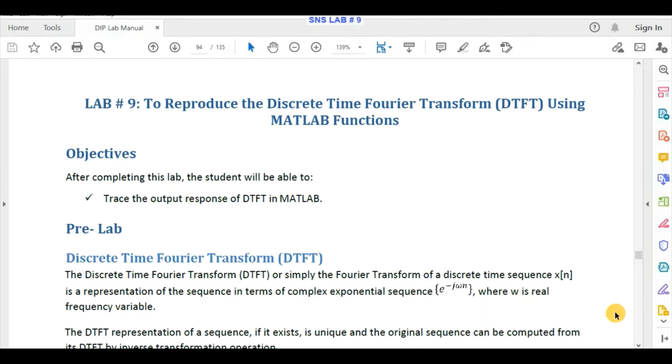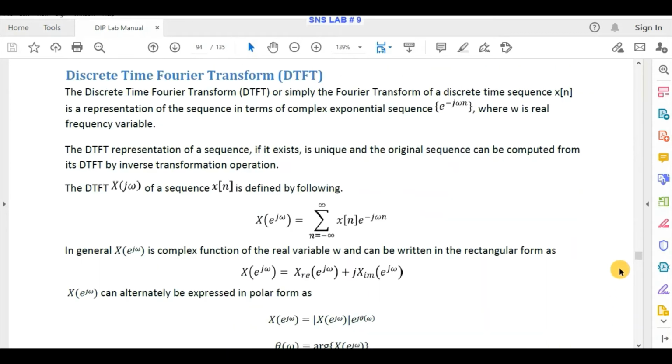As we have already discussed, this lab is about discrete time Fourier transform. If we go through its manual, here we can see its equations. X of e j omega is equal to the summation from minus infinity to infinity of x of n e power minus j omega n, and we can represent it in two forms.